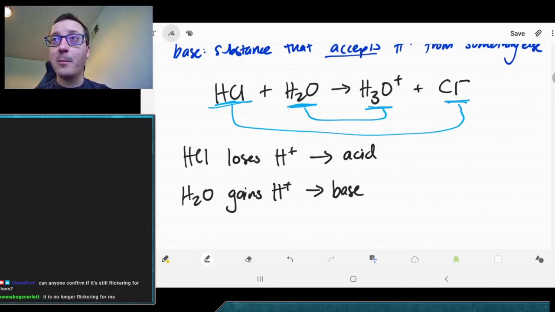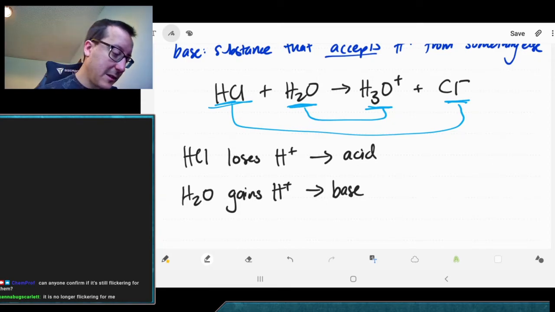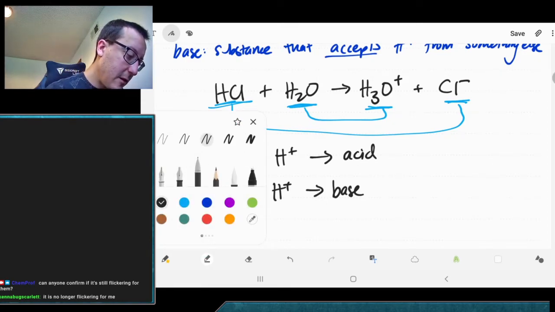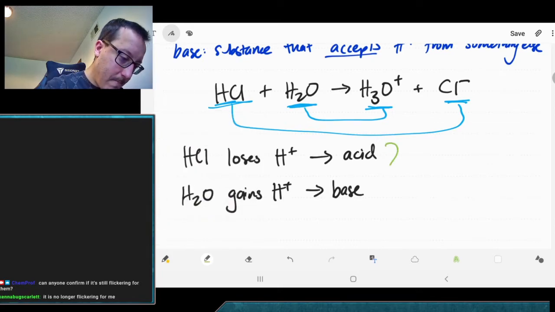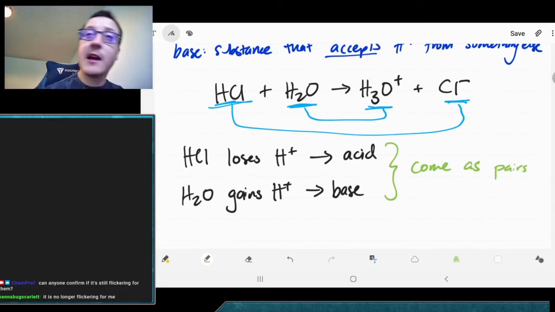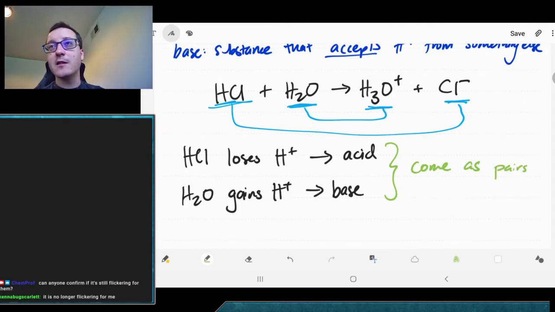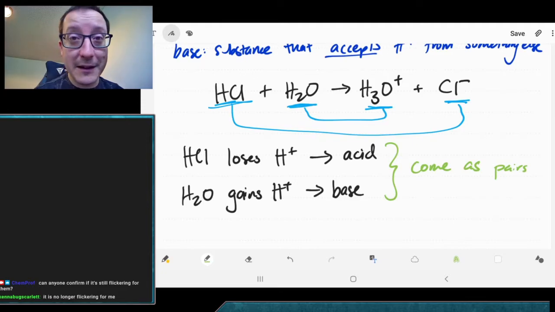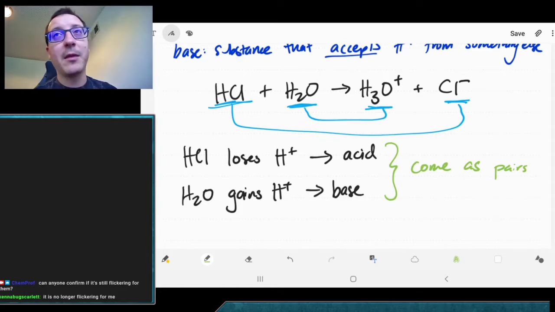As a result, water will be our base. Just like with redox stuff, these are going to come as pairs. If you're going to have an acid, you need a base as well. For any Bronsted-Lowry definition, you have to have a reaction happening. Something has to give away an H+, something has to accept an H+.